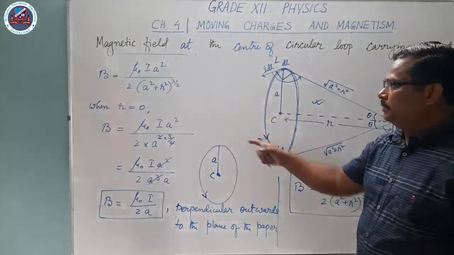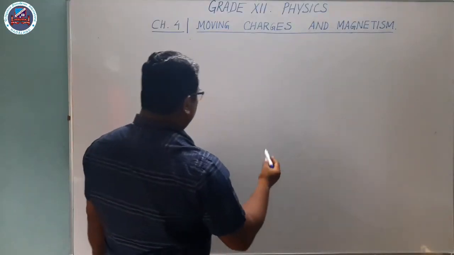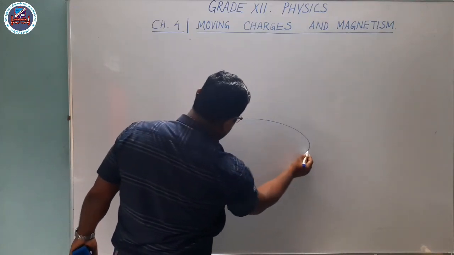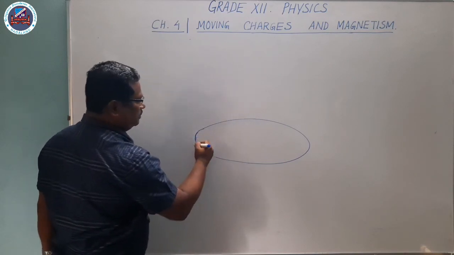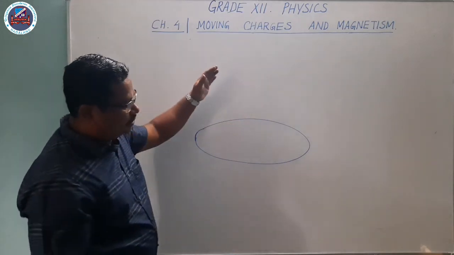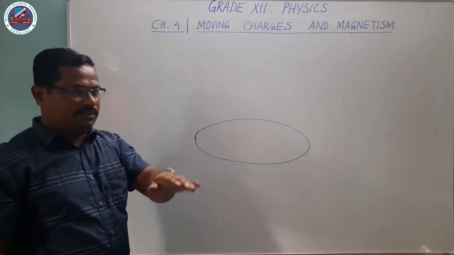Let me draw one diagram to show the direction of magnetic field line. Suppose I am taking the loop like this. This part is towards the board, and this part is facing towards you.